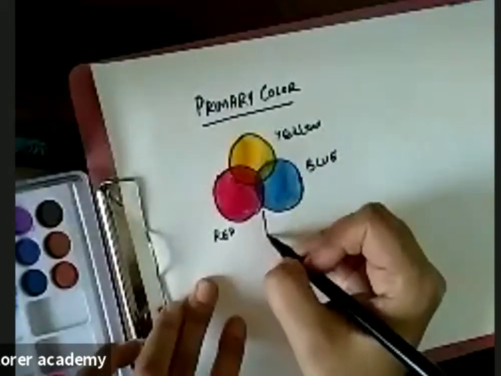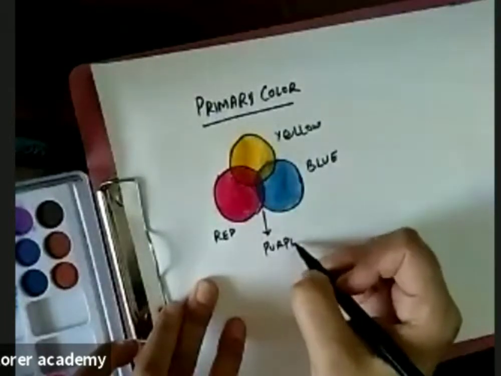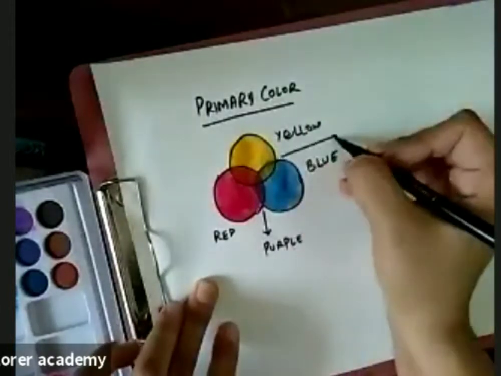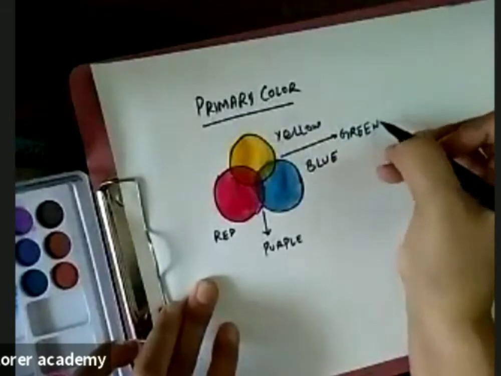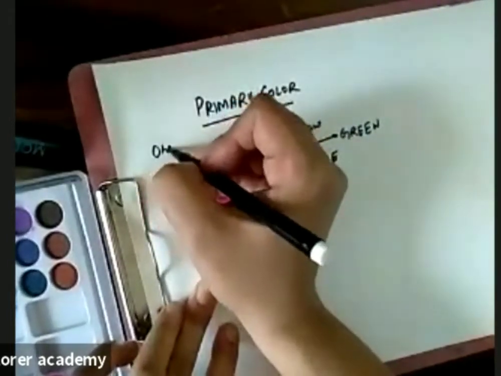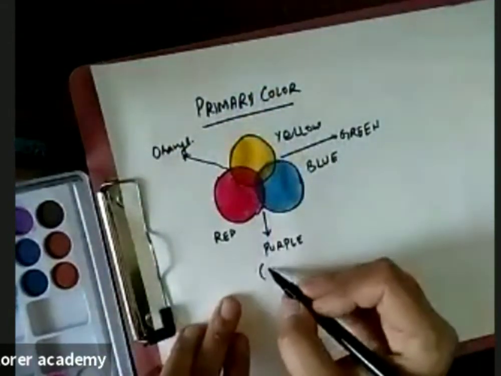So these three are secondary colors. This is purple, and this is green, and orange.